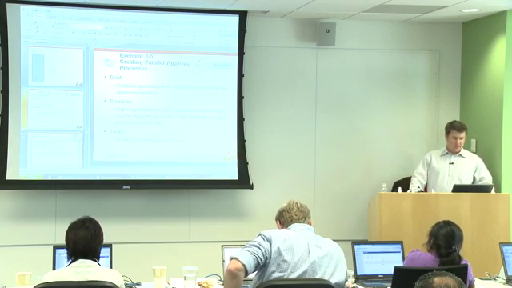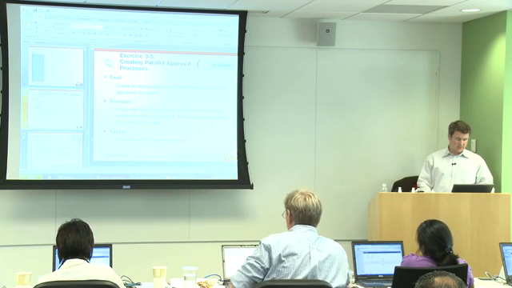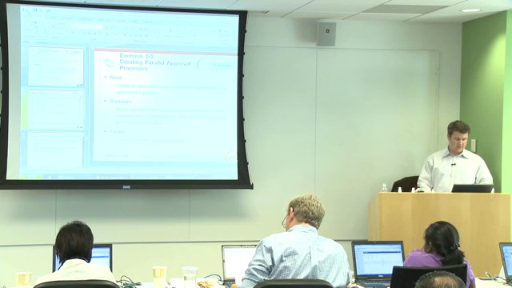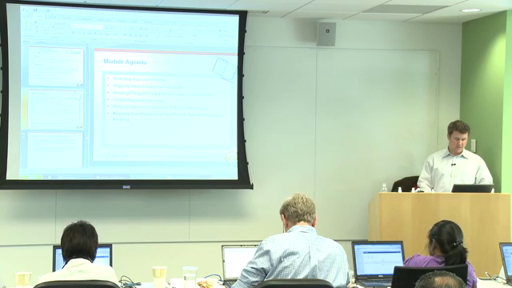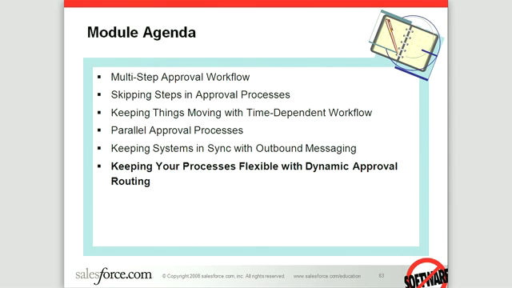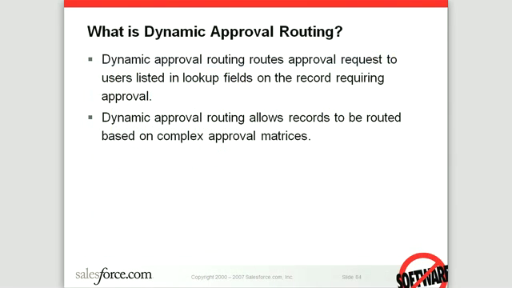Let me jump to talk about dynamic approval process, and then we'll come back and talk about outbound messaging. So, dynamic approval routing. There's a feature where we can refer to a related user for who the approver is, what I was showing you back there that I said I was going to punt.